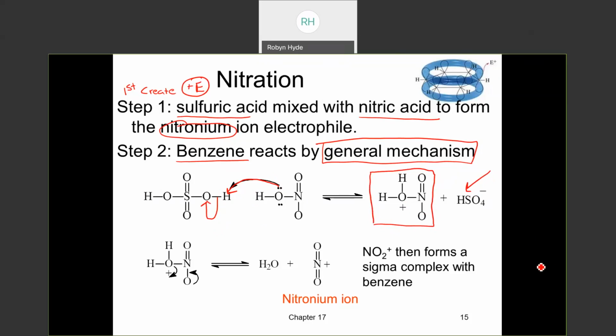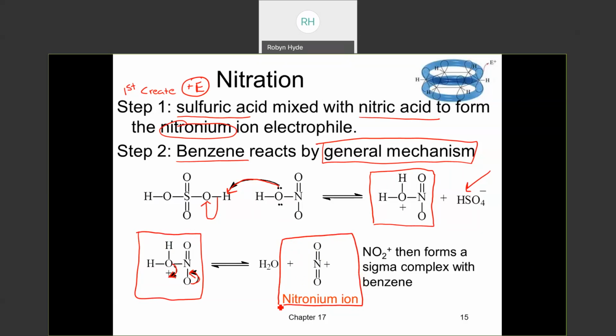What happens next is that this protonated nitric acid group, then in one step, lone pairs from the oxygen come in to form a new pi bond. I lose that water as a good leaving group, and I get a nitronium ion as my very good electrophile. So this nitronium is an excellent electrophile that will then do benzene chemistry.